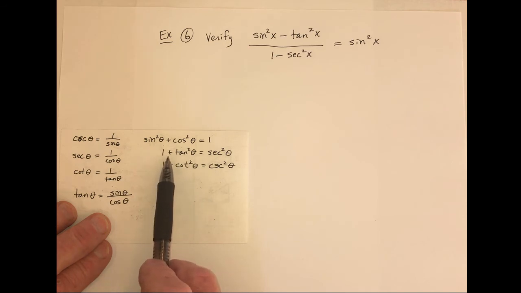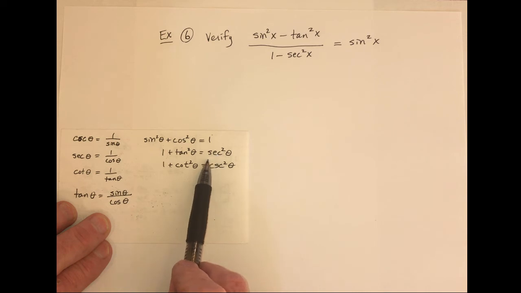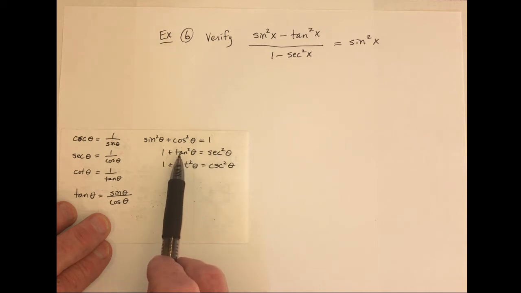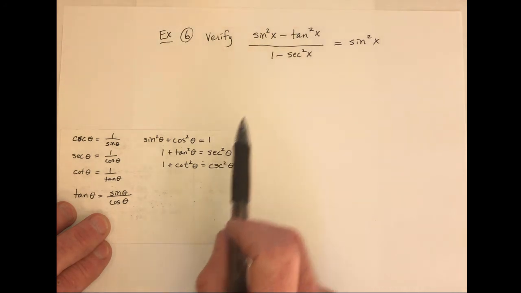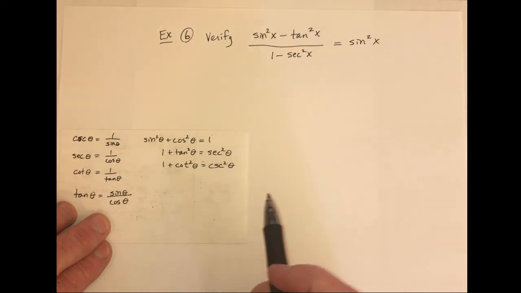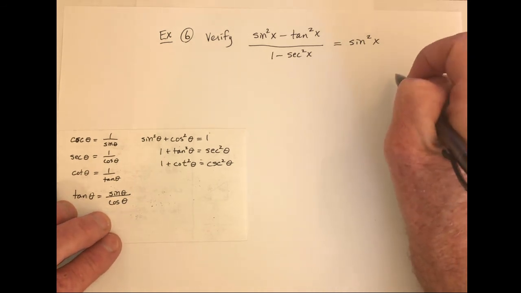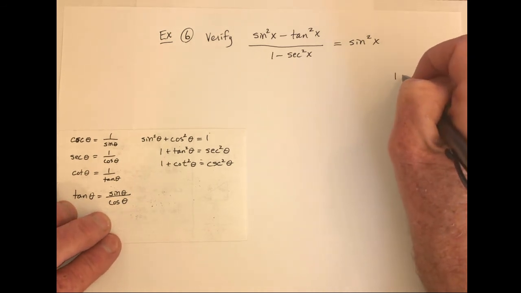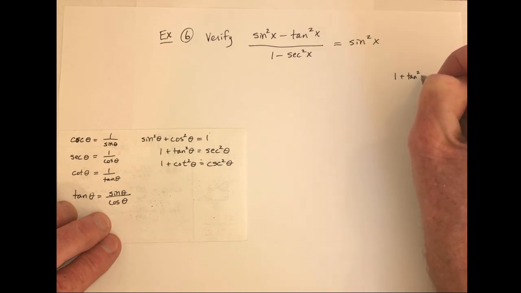So if you just, actually you'd need to subtract secant squared to put it on this side, and then you'd have to move the tangent squared. So 1 minus secant squared is equal to negative. Let me just write this on the scratch paper in case somebody looks at this without listening to my voice. So 1 plus tangent squared x equals secant squared of x.